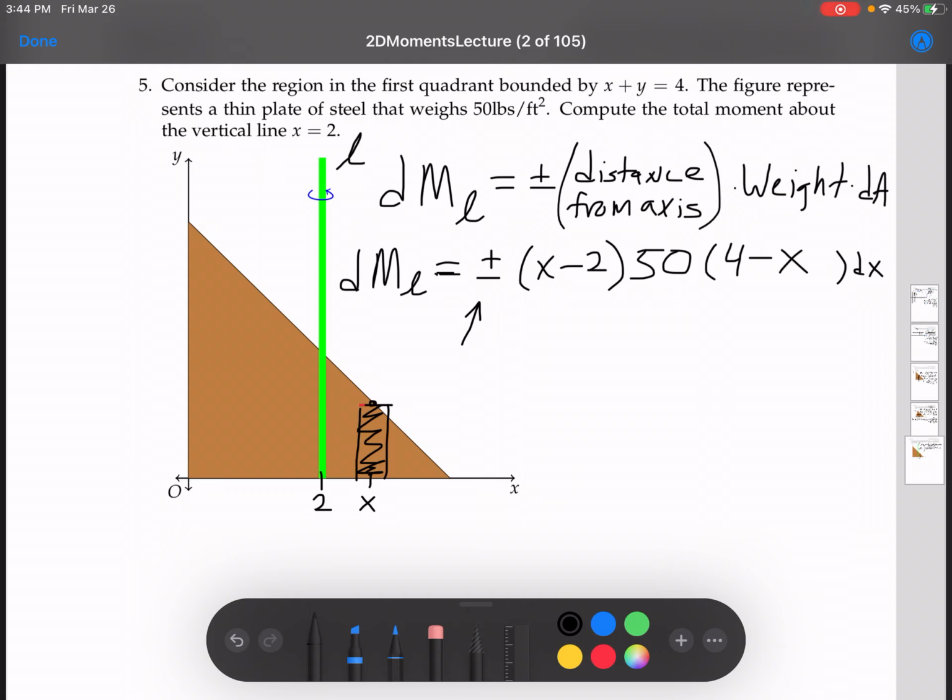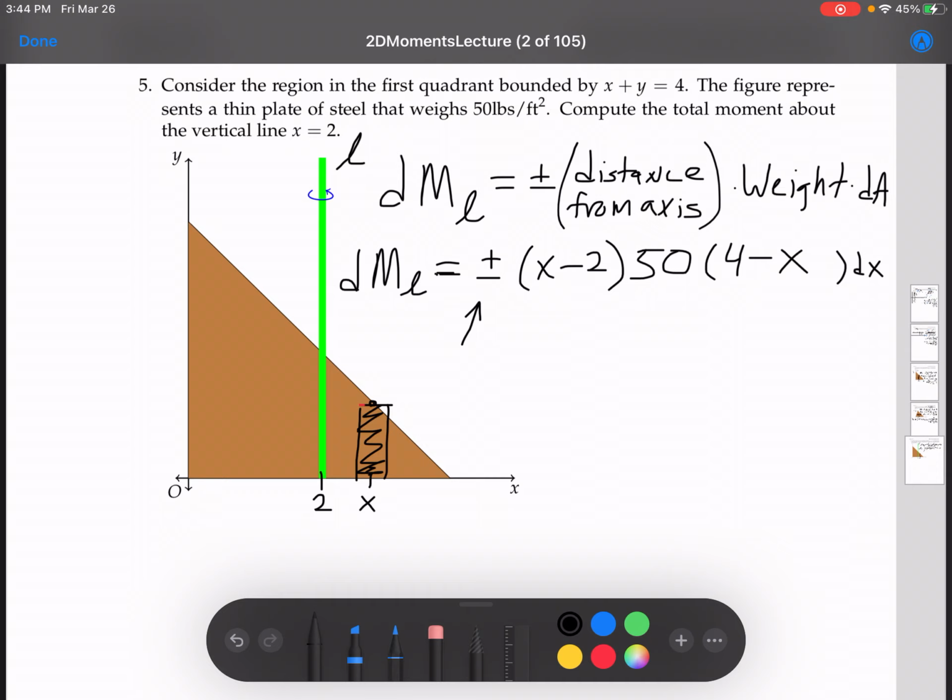Now, thinking of this thin plate of steel as just being maybe cardboard or something, or maybe plywood, it can rotate. And it's only attached on the green vertical line, and it can rotate clockwise or counterclockwise.